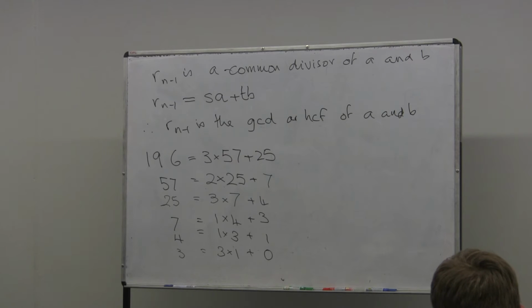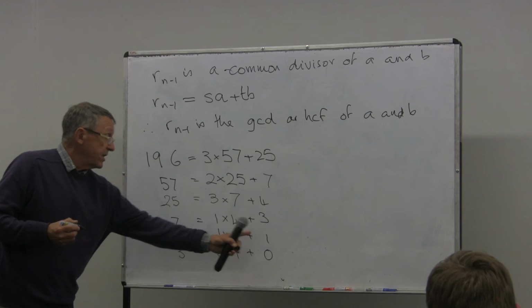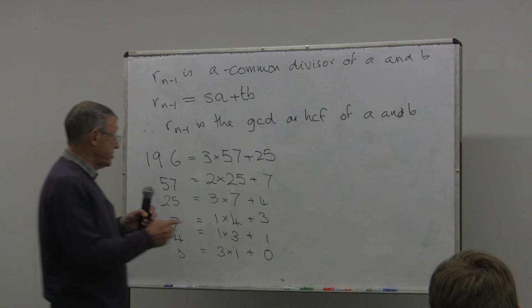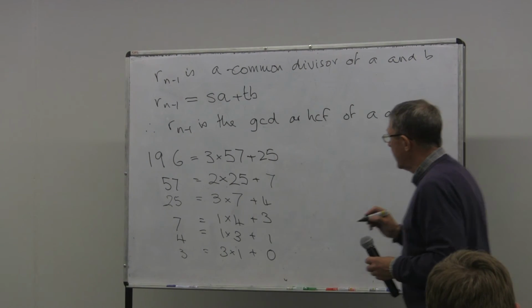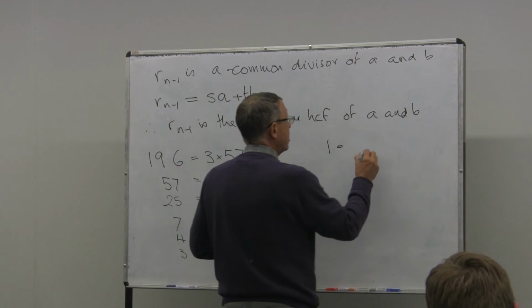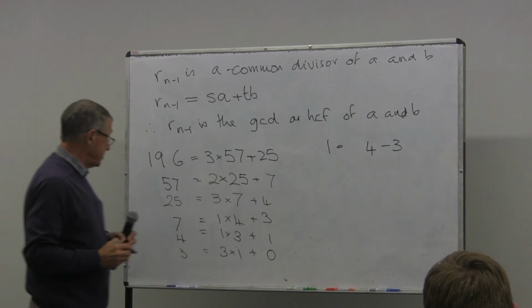You may or may not have seen that before, but the expression in the other direction is a little bit messier, but let me do that. You want to get the remainders in terms of the previous ones, so you start at the bottom there. 1 equals 4 minus 3, which is hardly rocket science.